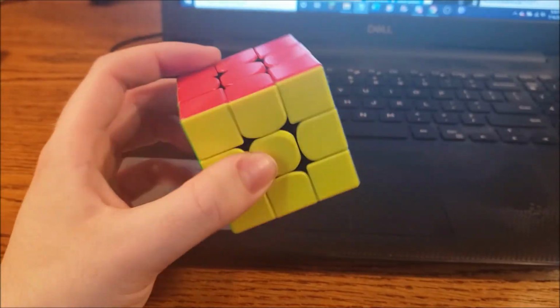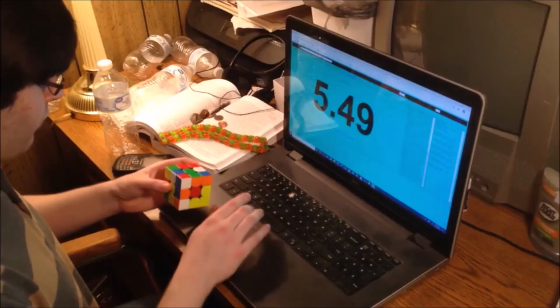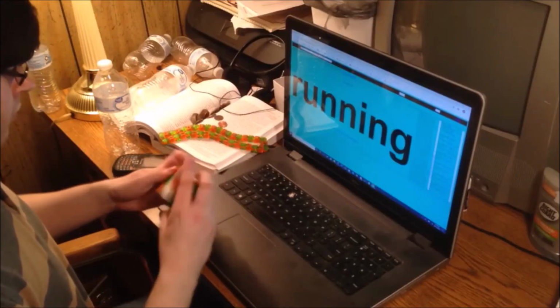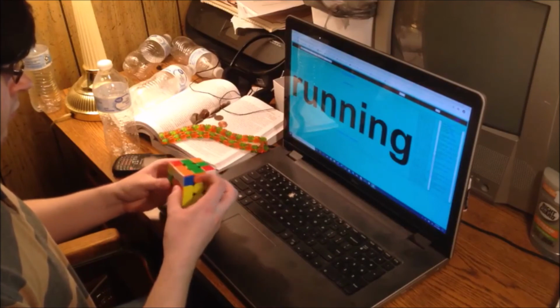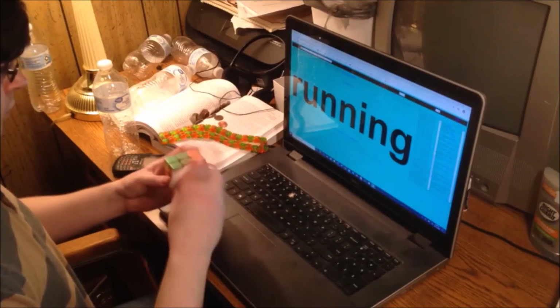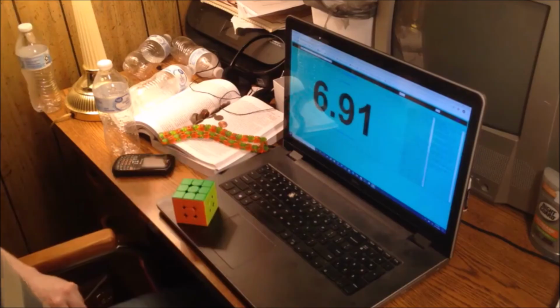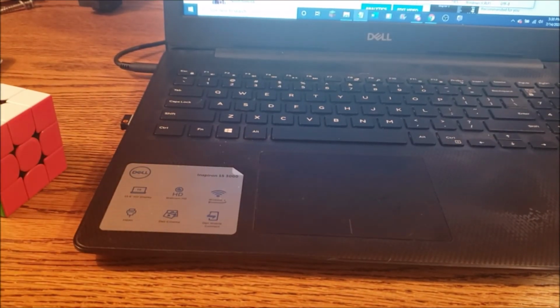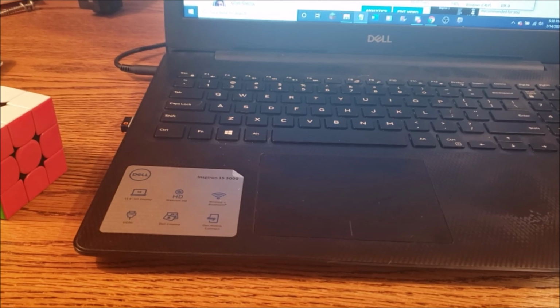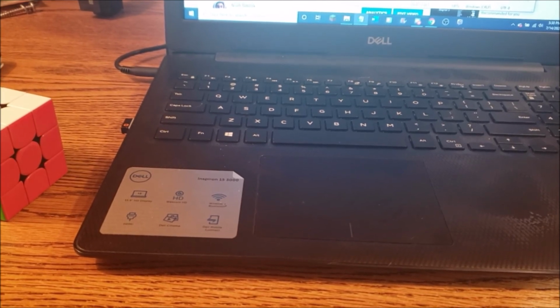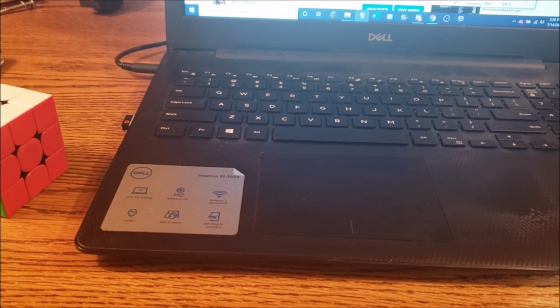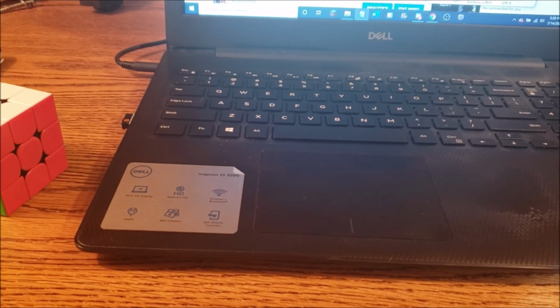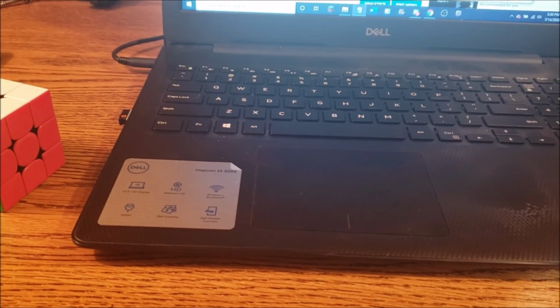Luckily, even though it wasn't the most efficient solution, I executed it quite quickly and got a 6.91. And that was my PB average of 6.33, which was pretty insane. It beat my previous PB by quite a bit. That last solve was 53 moves and 7.67 TPS.